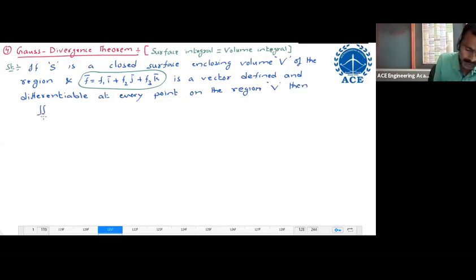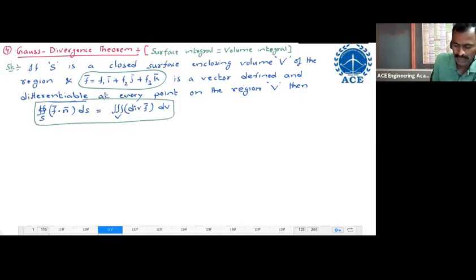the double integral over S, with the circle symbol on the integral sign because it is a closed surface, of F bar dot N bar ds equals the triple integral over V of div F bar dv. That's it.